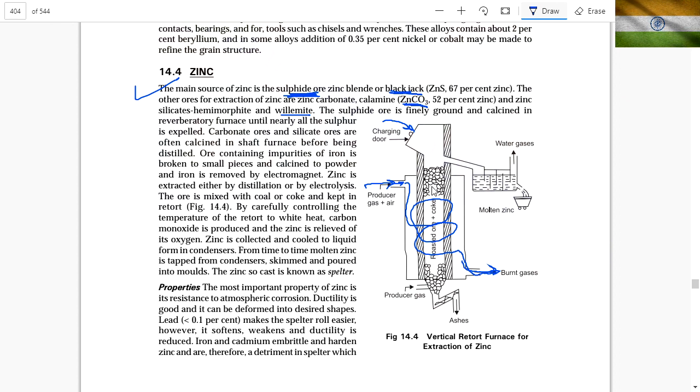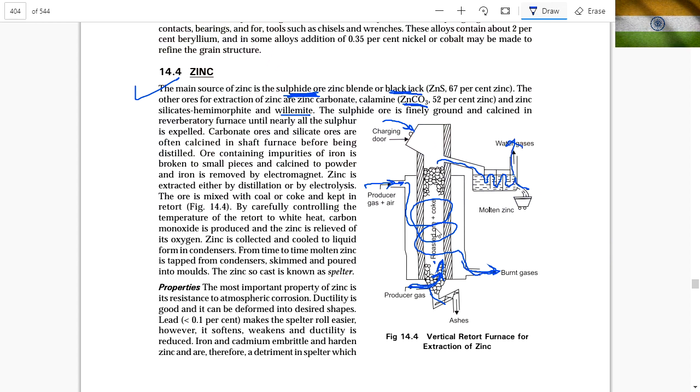So that will move around this and come out from here. When you put this charge, it will settle at the bottom, and the producer gas is also inserted here. Due to that you will have molten zinc that will flow this way, and there will be water vapor.